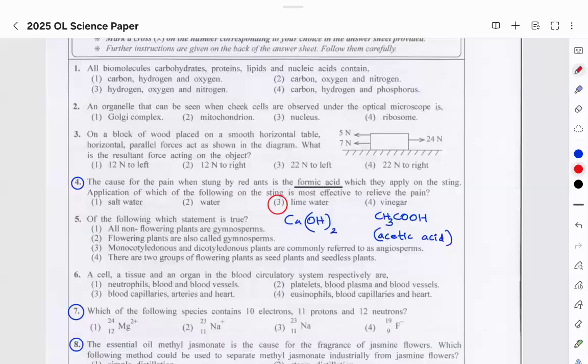So lime water means calcium hydroxide. That's all. Okay.